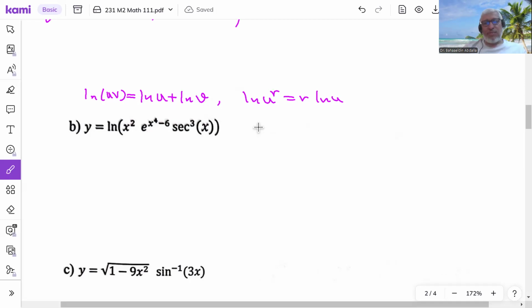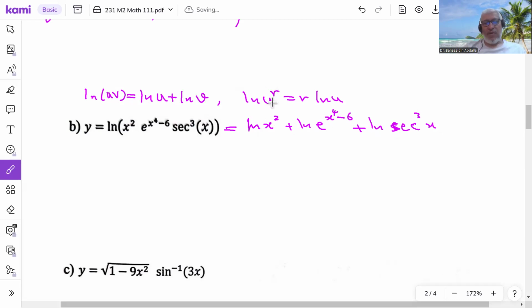So we have a product here, so we can change the product inside the ln into addition by expanding. You remember expanding logarithmic functions. So I can write ln x squared plus ln e to the power x to the 4 minus 6, plus ln secant cubed x.